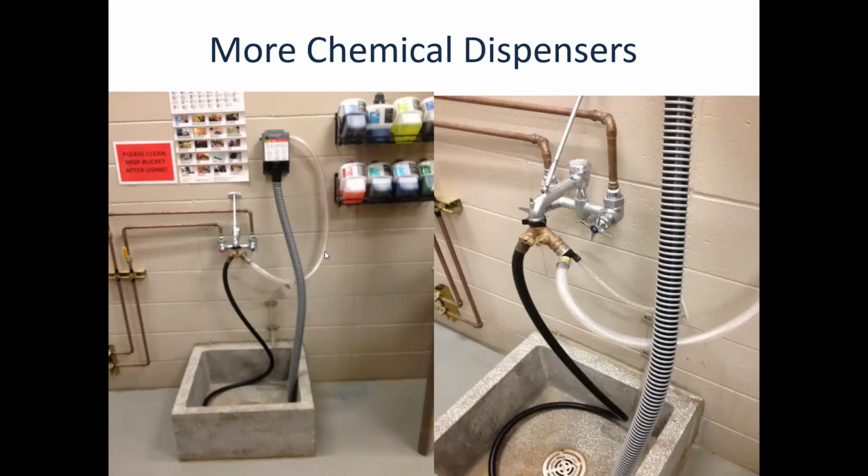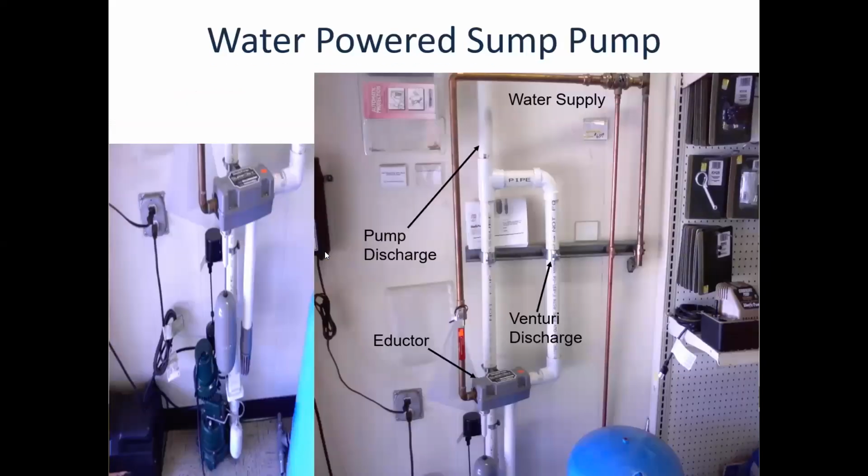So one of the next things you might encounter at some of your other businesses out there, some of your various customers, and this is something that might be seen at residences, is a water powered or water assisted sump pump.